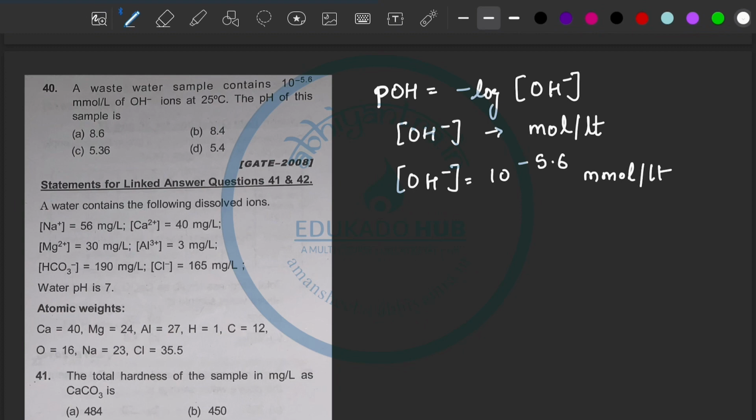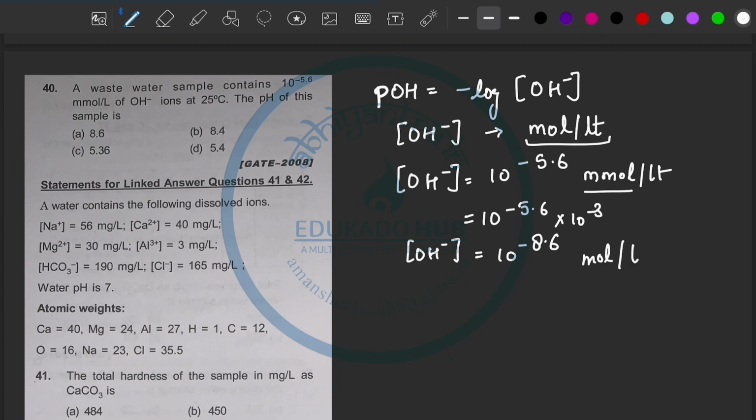See, we need to put concentration in moles per liter, but they have given the concentration in millimoles per liter. So first of all, we need to change it into moles per liter. That will be 10 to the power minus 5.6, and milli means 10 to the power minus 3. So now the OH minus concentration is 10 to the power minus 8.6 moles per liter.